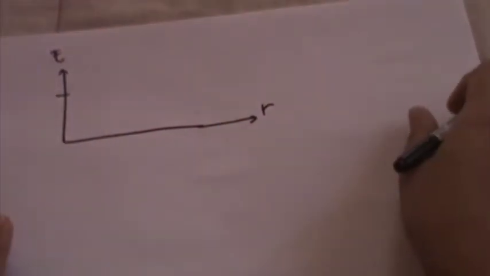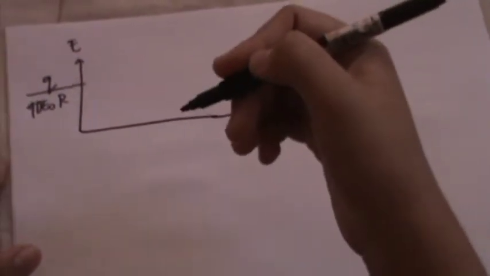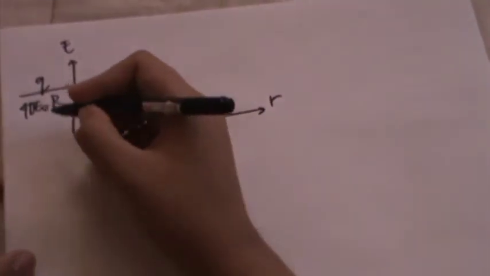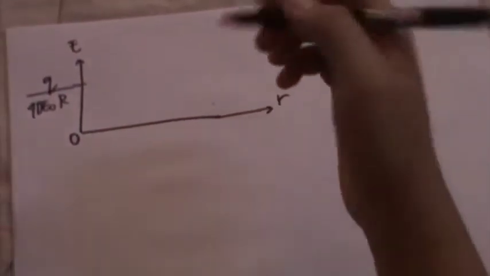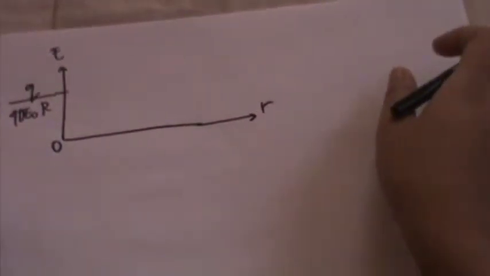The value we get for Q will be put here. Remember that the value for the electric field outside is Q over 4 pi epsilon naught R squared, and our value for the inside is 0, if you recall our solving. So let us graph this one.